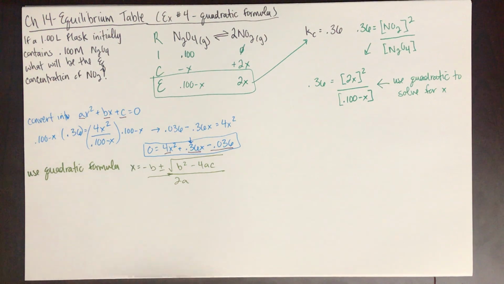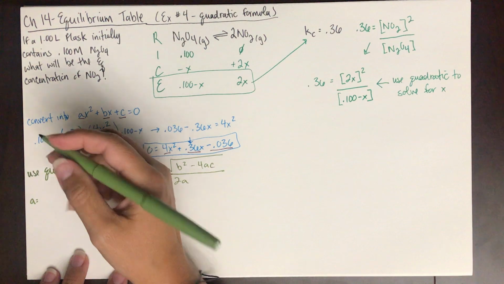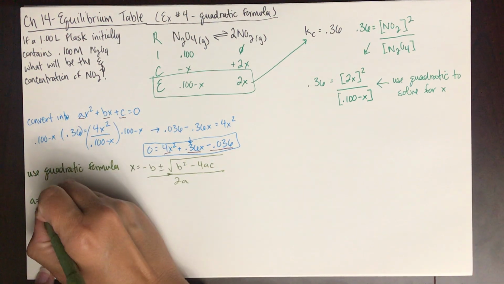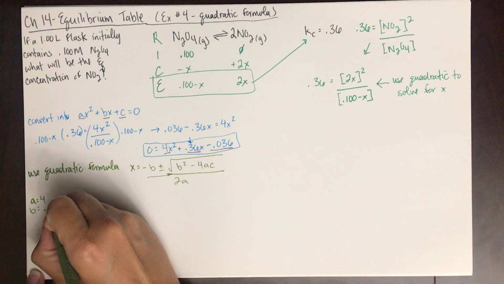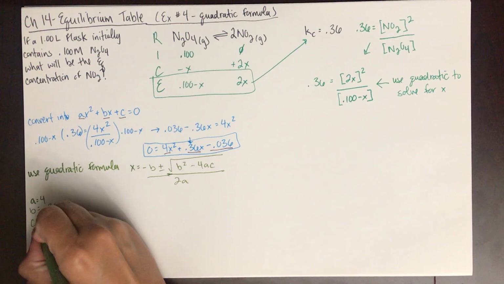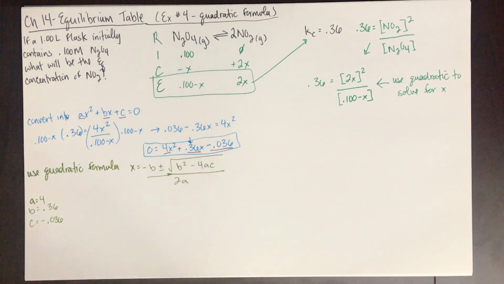So I'm just going to write that over here. A equals 4. B equals 0.36. C equals negative 0.036. So now I'm going to plug this in and solve for x.